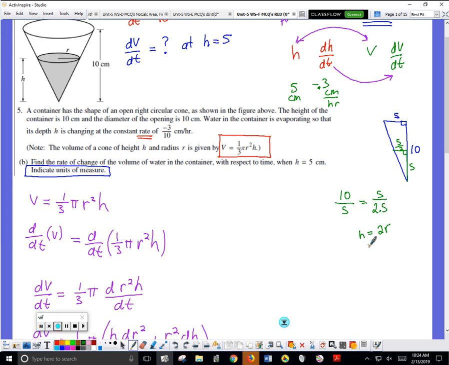You take the derivative of both sides. Perfect. Same as we did before. So I take the derivative of both sides. 2 is a constant. I've just figured out dr dt. 1/2 dH dt is dr dt. I divided the 2 over, dividing by 2, same as multiplying by 1/2.